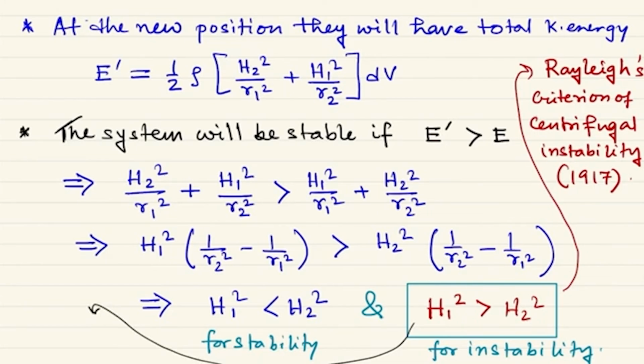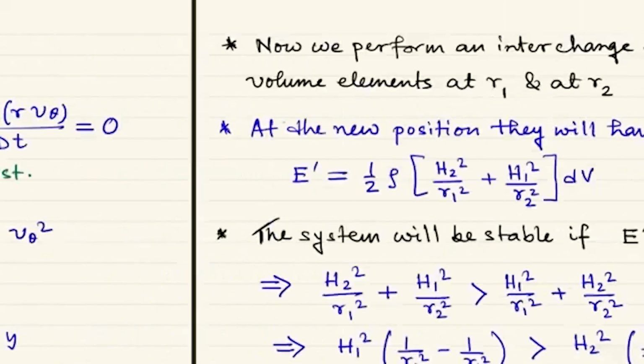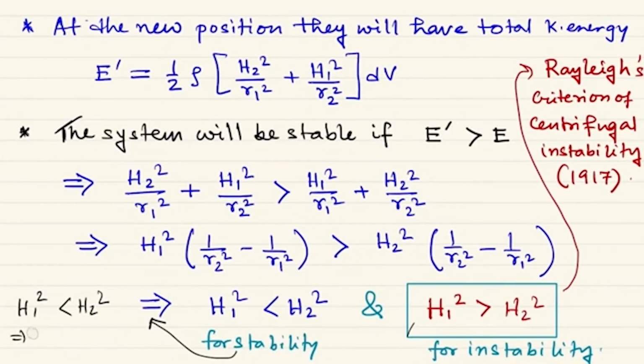So for stability, what we need is h1 square less than h2 square. By the definition, that says r1 square v theta 1 square will be less than r2 square v theta 2 square.